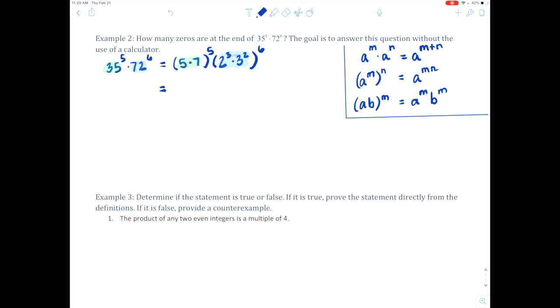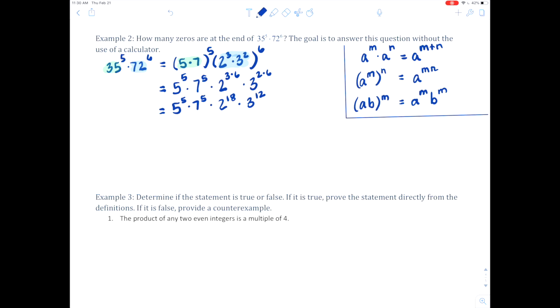So we're going to have 5 to the 5th times 7 to the 5th times 2 to the 3 times 6, and then times 3 to the 2 times 6, which in turn is 5 to the 5th times 7 to the 5th times 2 to the 18th times 3 to the 12th. Cool so far?